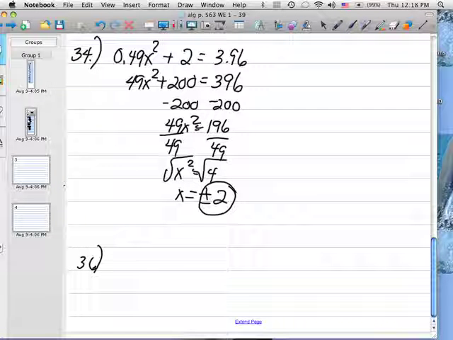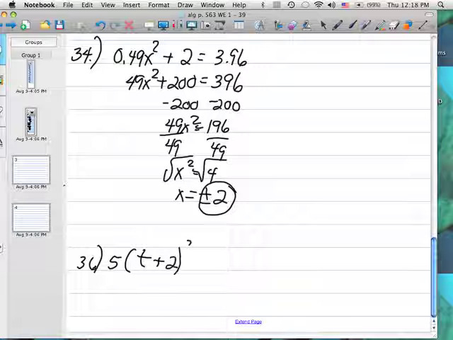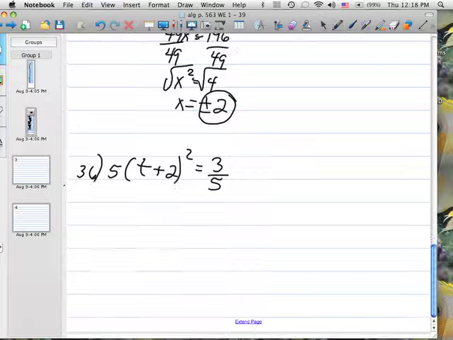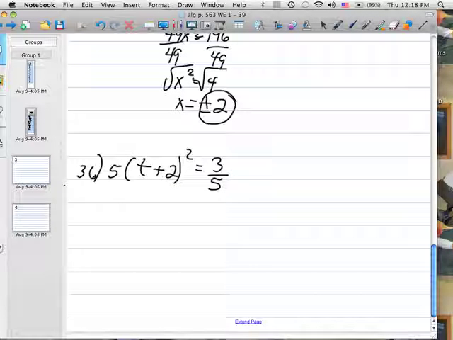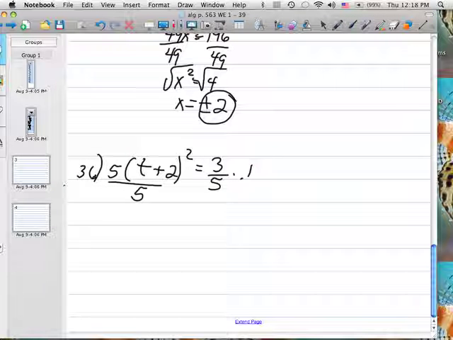Problem 36, I have 5 times the quantity t plus 2 squared equals 3/5. We can divide by 5. That's not going to be a problem.